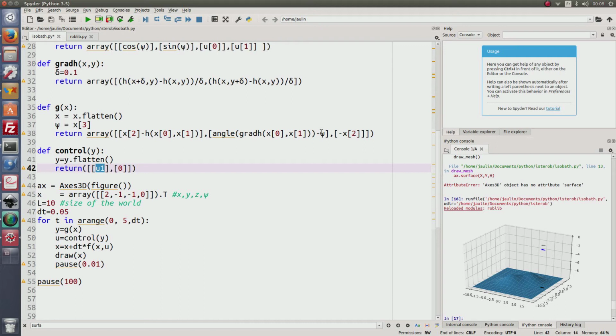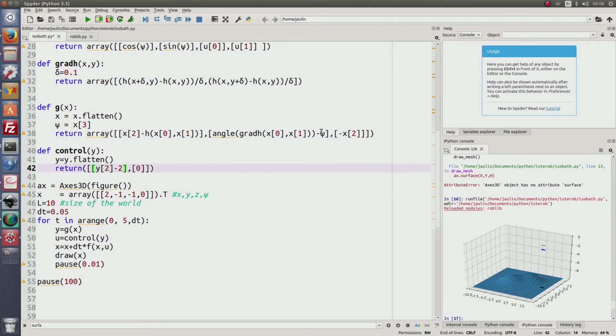Since I have to go to a depth of 2 meters, I will consider here y2, which corresponds to y3, because in Python we start the subscript at 0. So minus 2.